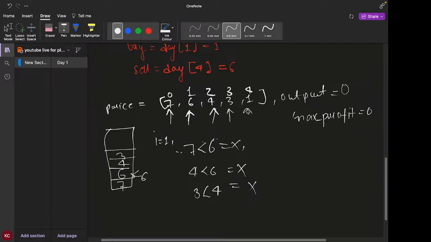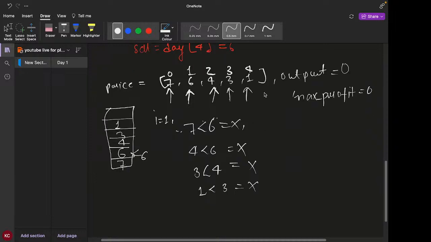Again I move to the next, and is 1 less than 3? Yes, so I update the stack, that is 1. So I reached the end of the array and I didn't get any element where I can buy and sell, so my max profit should still remain 0 because I already initialized it to 0.